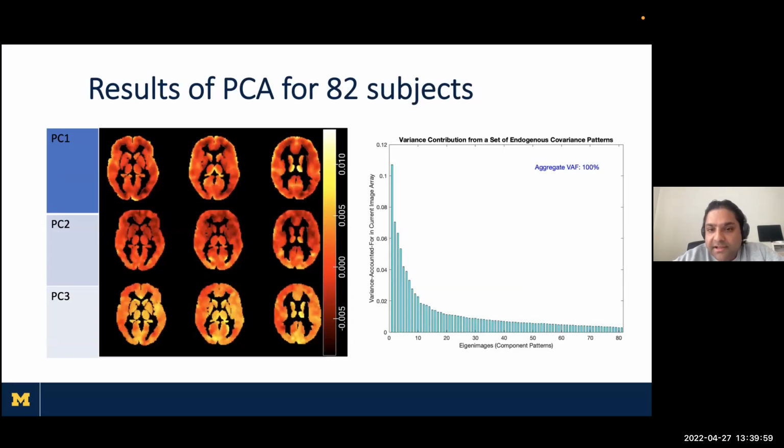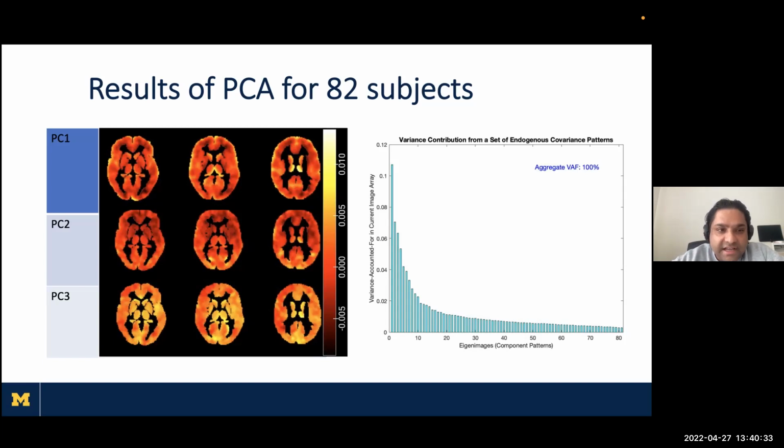When we apply principal component analysis on those data, we get 81 principal components. Each principal component tells us how much variance it can explain within the data. The first principal component can explain almost 11% of the variance within the data, and if we take all 81 principal components, they can explain all the variance within the data.